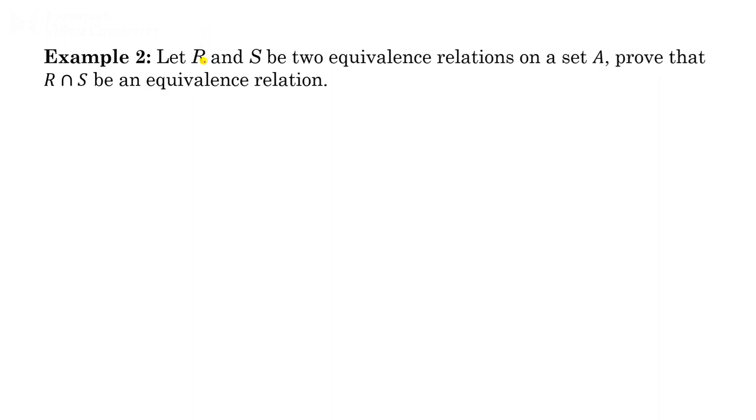Now look at this example. Here R and S are two equivalence relations on a set A. We have to show that R intersection S is an equivalence relation. So we'll start with reflexive.